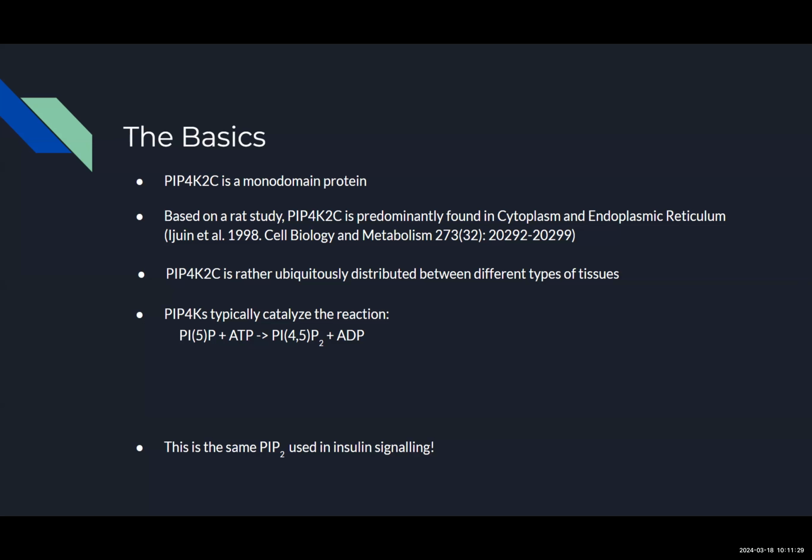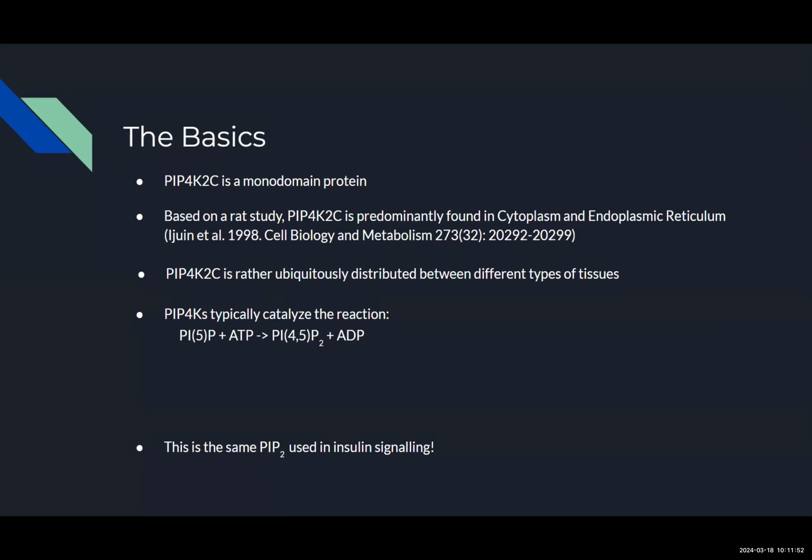And based on a rat study, PIP4K2C is predominantly found in the cytoplasm and endoplasmic reticulum. Overall, PIP4K2C is rather ubiquitously distributed within different types of tissues. Strangely, more priority is focused on neurons and kidneys over skeletal muscles.